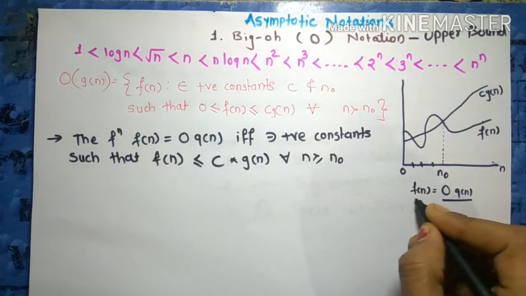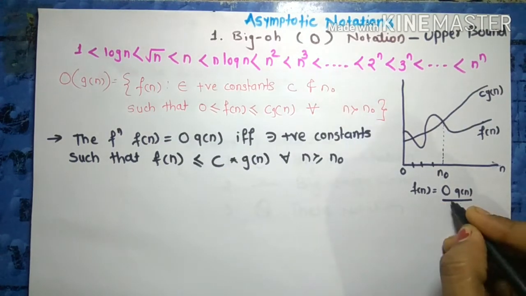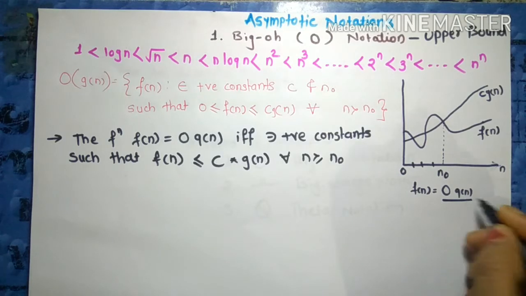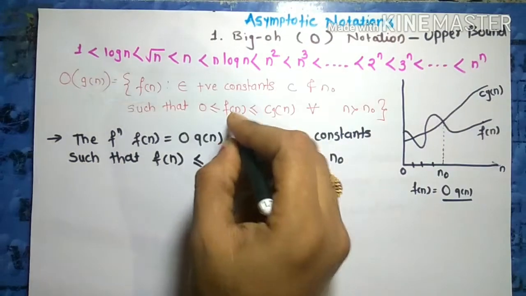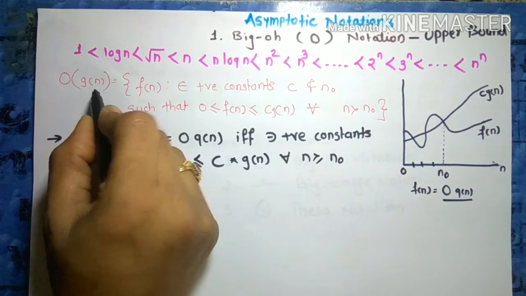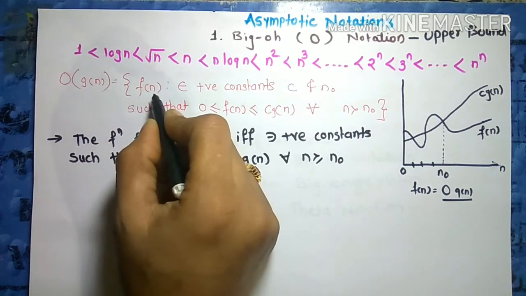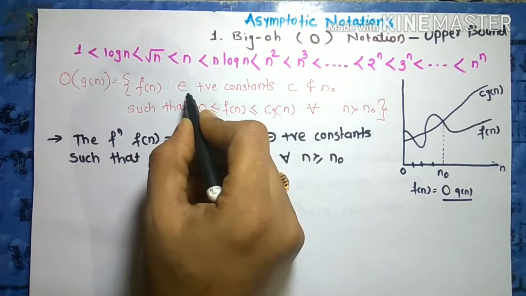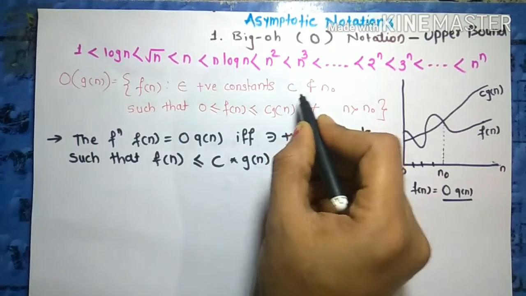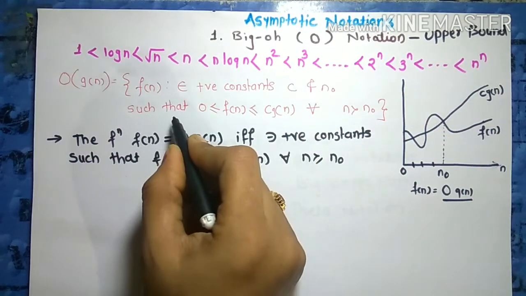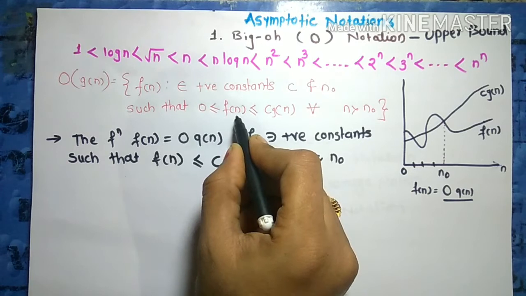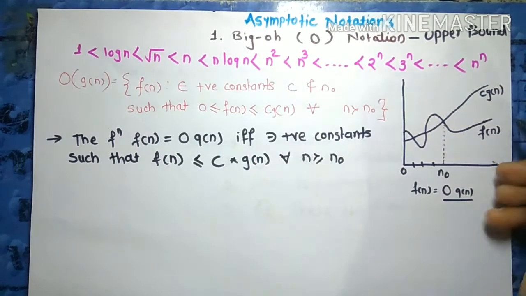So for a function f of n, big O of g of n is given by the relation: big O of g of n is a function f of n such that there exist positive constants c and n0 such that f of n should be less than g of n.